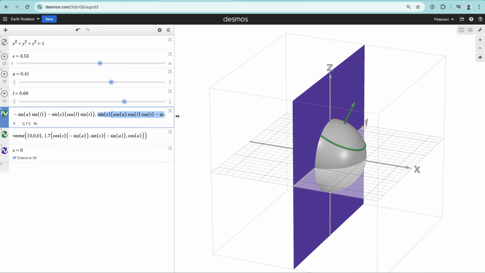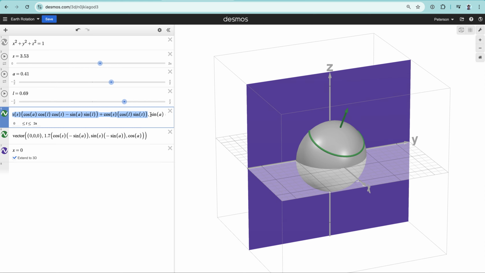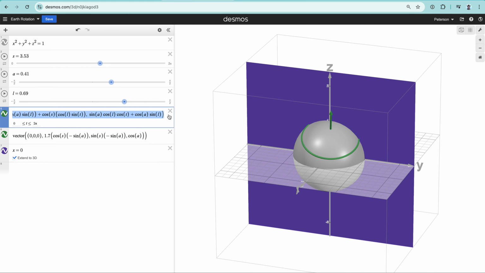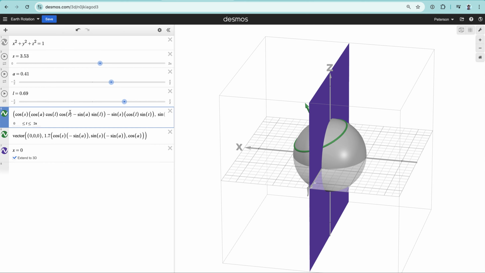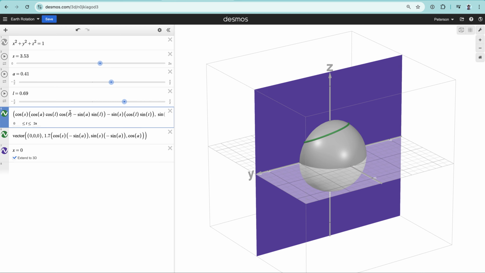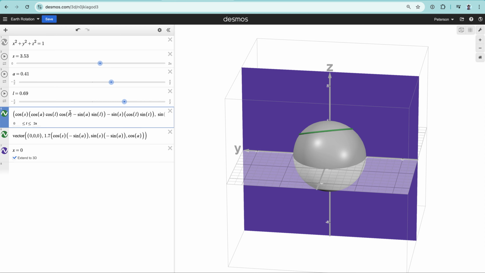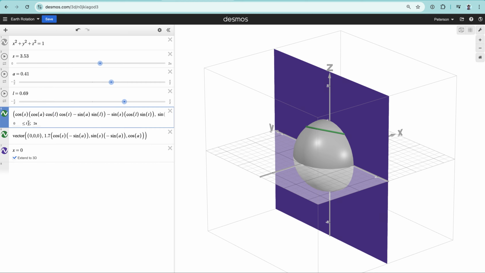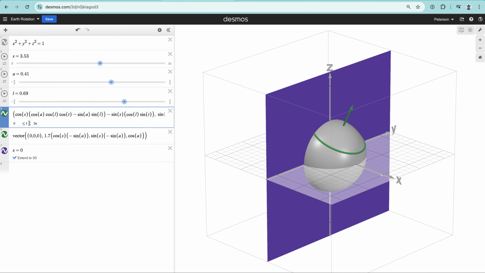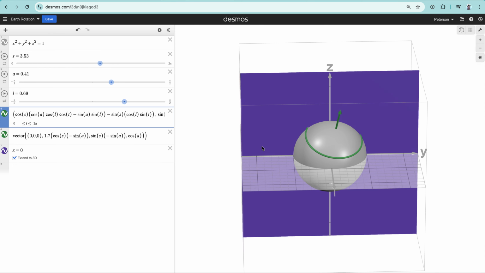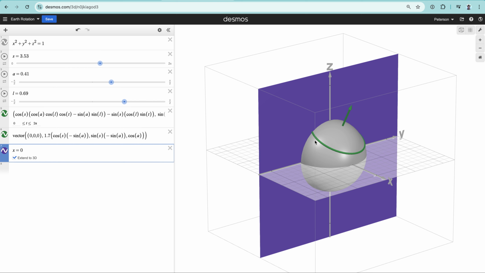The y component of the vector is another function of t, and the z component is another function of t. So this is a vector-valued parametric curve with parameter t, and t is the time of day. t here is varying from 0 to 2 pi, and the way it's showing up on the graph is as this green curve going around the planet.